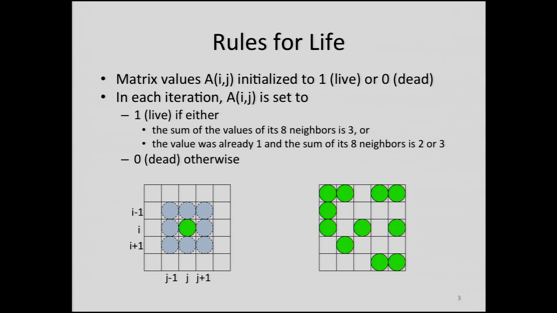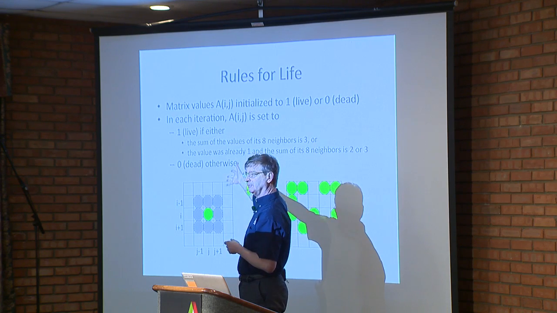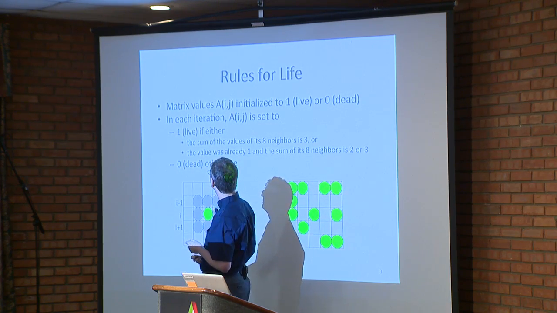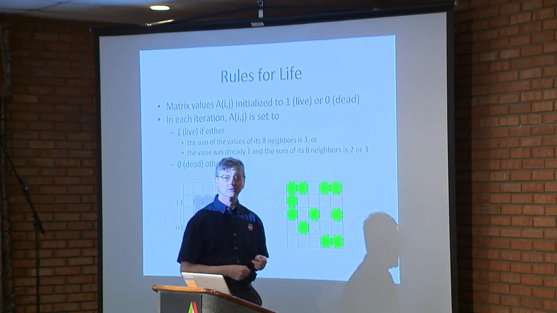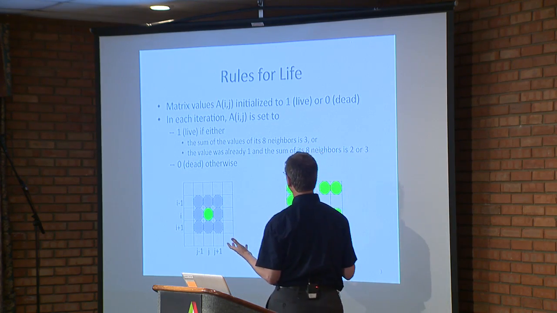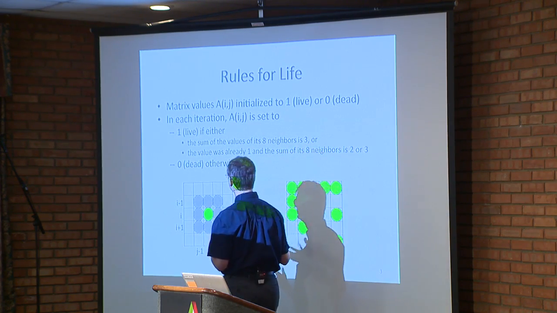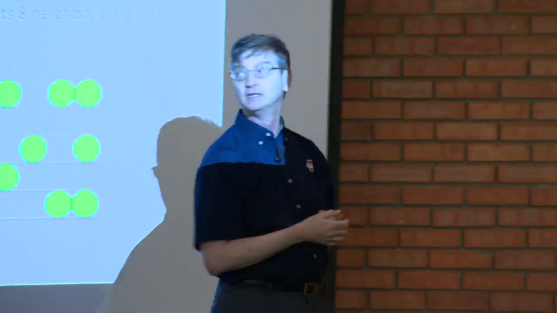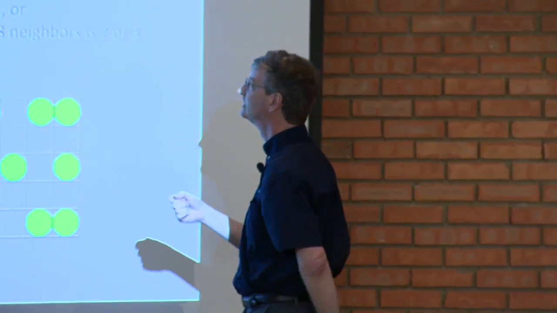The way it works is this. You've got your regular mesh. We've got a cell. In each iteration, we look at each cell. We look at the surrounding 8 neighbors. And in the next iteration, that cell is still alive if a few rules are followed.